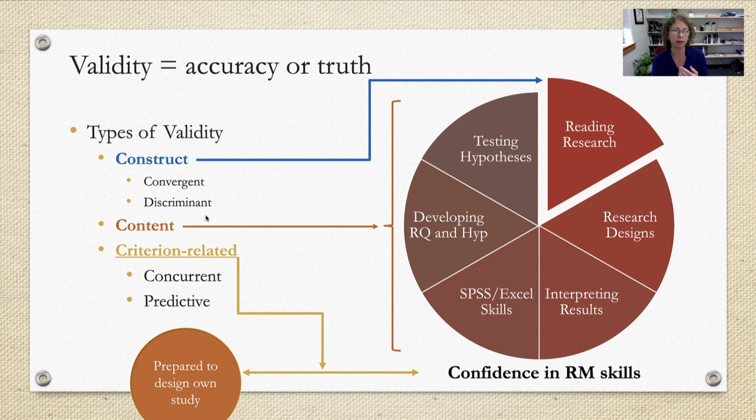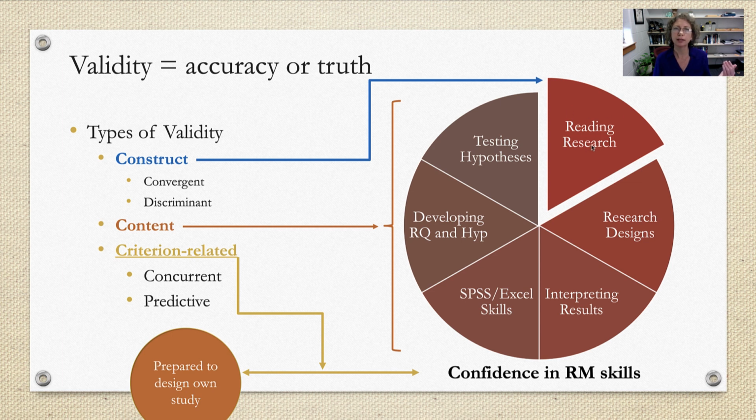Whereas discriminant validity is that it should be different from something that it should be different to. So let's say reading research and, let's see, how about algebra skills?